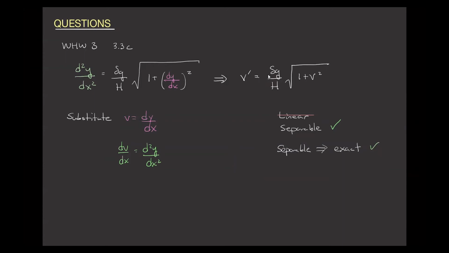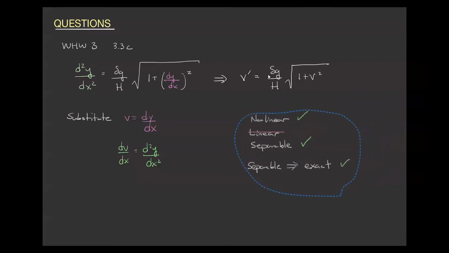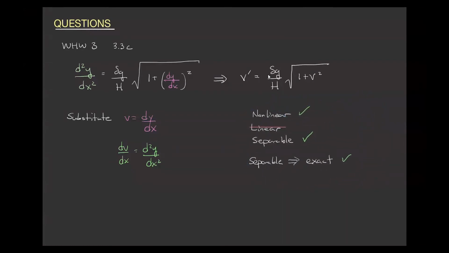And since it's not linear, we can right away say that it's nonlinear. You're either one or the other. And there is another criteria, since we only see the dependent variable, that means it's also autonomous.